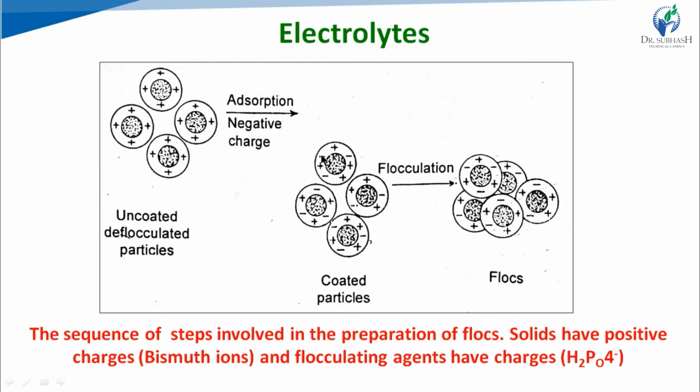That's why in this figure there is a coated particle, and due to this flocculation will be achieved. We can see the aggregation of the particles because the charge has been nullified, the neutral charge is present, so there is no repulsion, and due to that the floc has been created in our product.